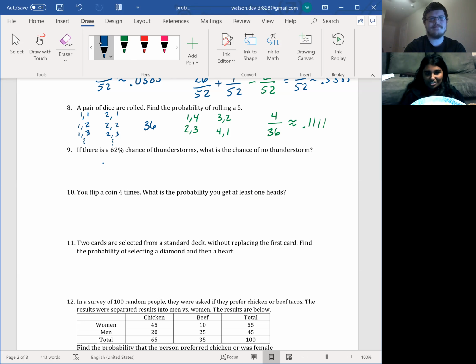So 100% is the total, 62% is the chance, and just subtract the two to get a total of 38%. That's the chance that it will not rain. It's the leftover.